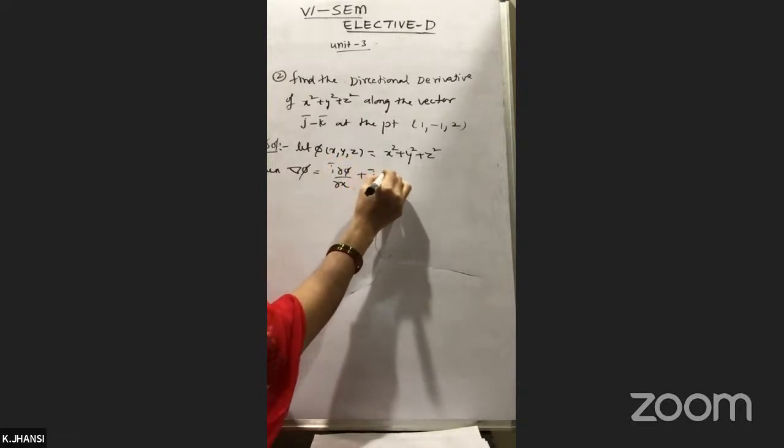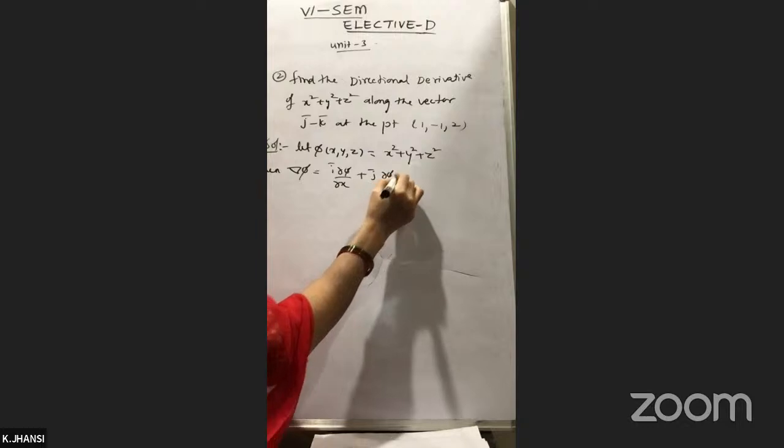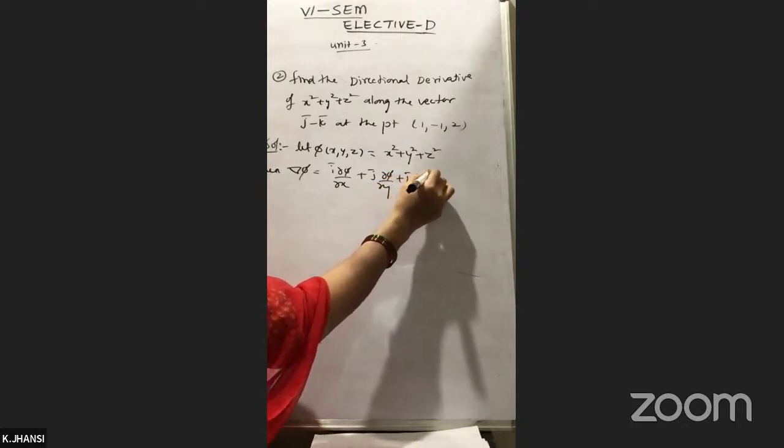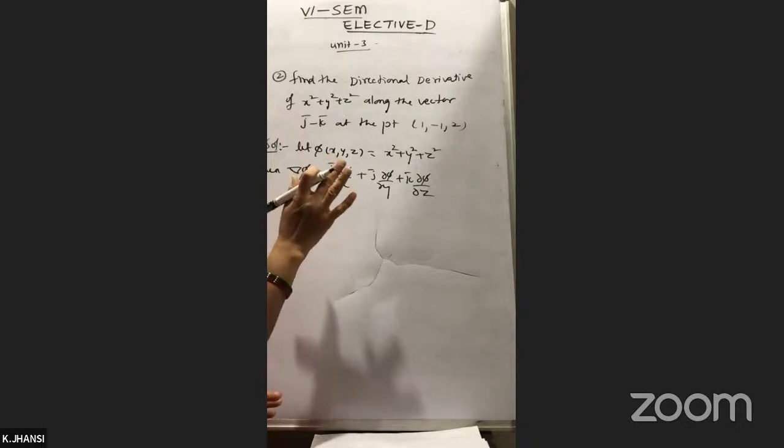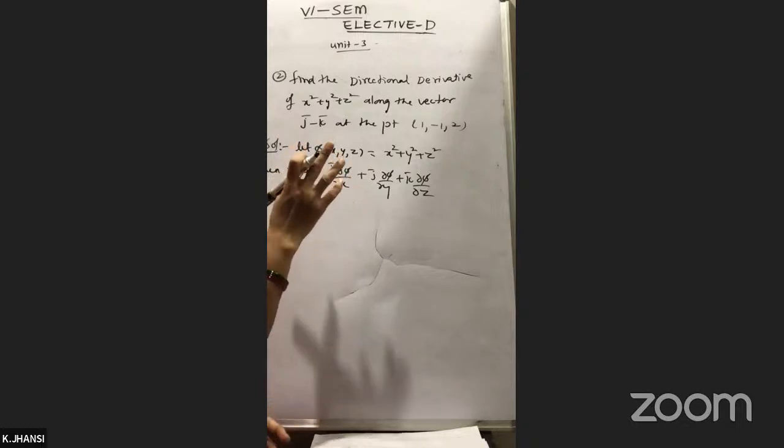We are defining this as the phi function. Then del phi equals i ∂phi/∂x + j ∂phi/∂y + k ∂phi/∂z, that is (i ∂/∂x + j ∂/∂y + k ∂/∂z)(x² + y² + z²).